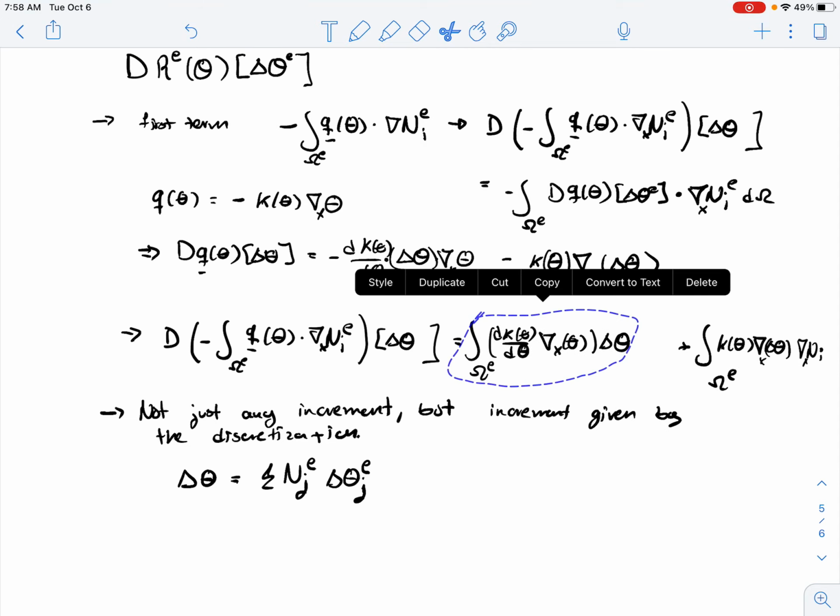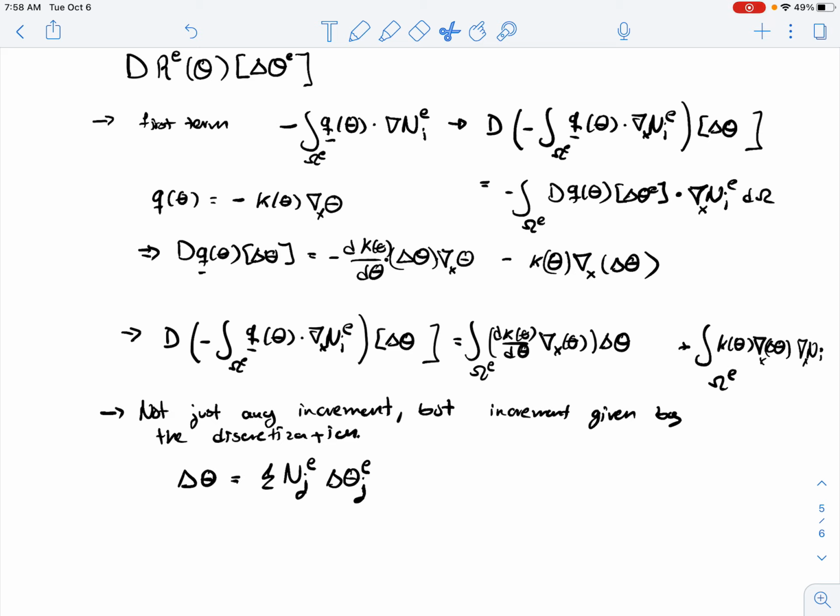So here it's like this. Yeah, here I'm missing a gradient of N, gradient of N I.